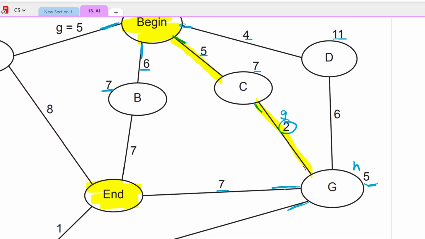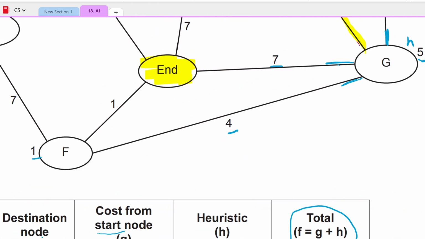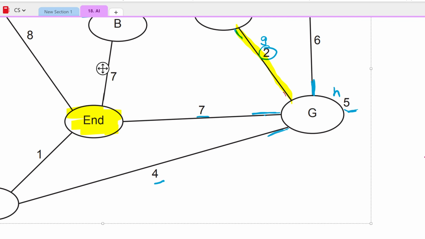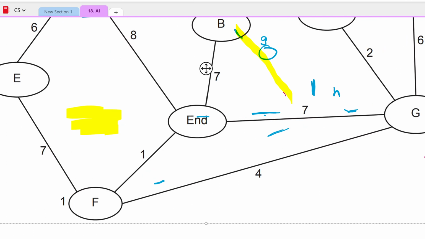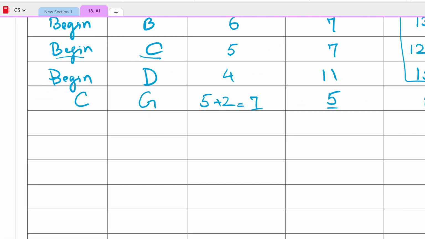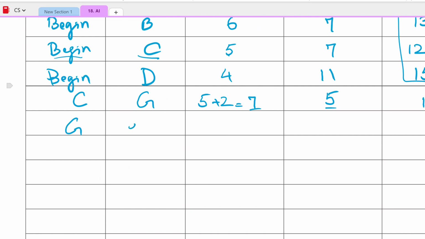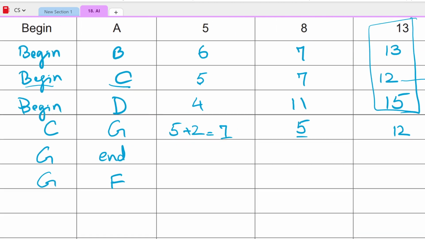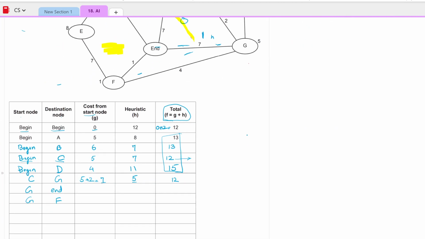Now we could go to D because it is connected to this, but you can see that D is going away from the end point, so we're not going to consider that. So we have G to end and G to F.